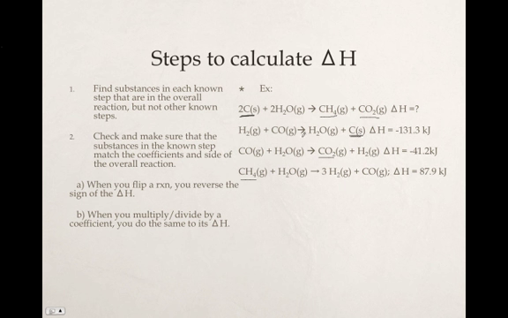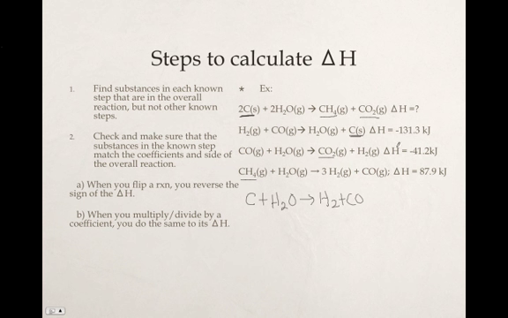In order to get the carbon on the reactant side, we need to reverse or flip the entire reaction. That puts our carbon plus our H2O on the reactant side, and moves H2 plus carbon monoxide onto our product side. That will also change the delta H of the reaction, because when you flip a reaction, you reverse the sign of the delta H. So that means the delta H will become a positive 131.